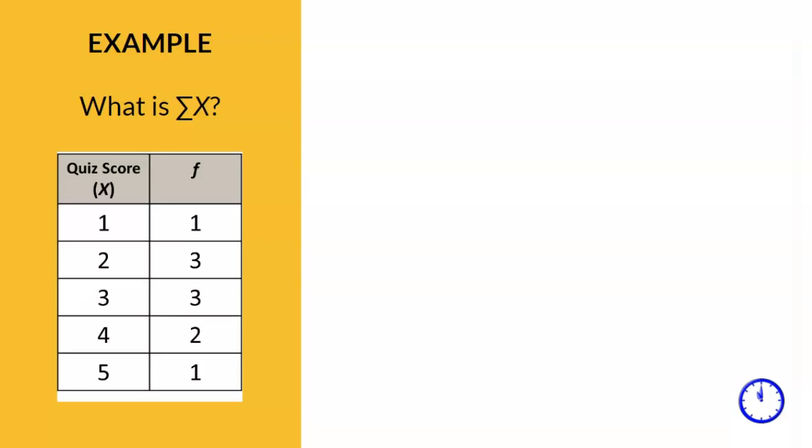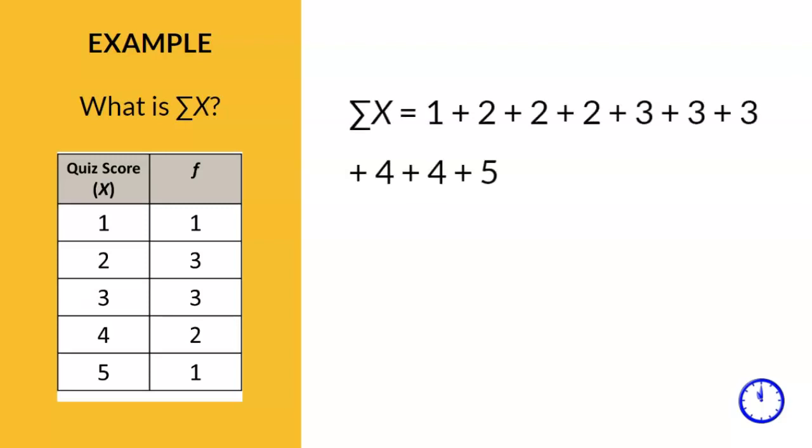For this example, step 1 is to list out all the individual scores. 1 student scored a 1, 3 students scored a 2, 3 students scored a 3, 2 students scored a 4, and 1 student scored a 5. Step 2 is to add these values together to get the sum of x equals 29.